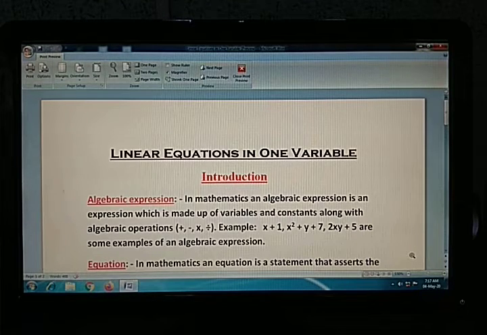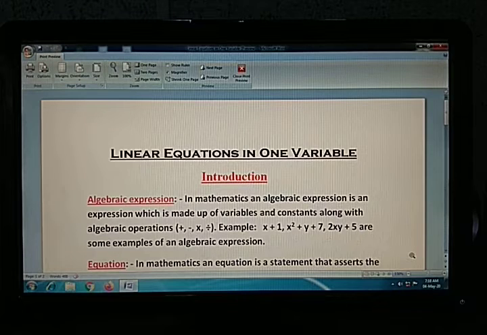So we will recall that first, because for understanding linear equations, first of all we have to get back the knowledge from the expressions, that is algebraic expressions, then followed by equations, and then only we can come to know about linear equations in one variable.